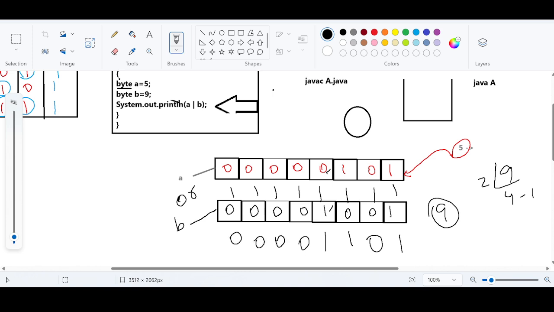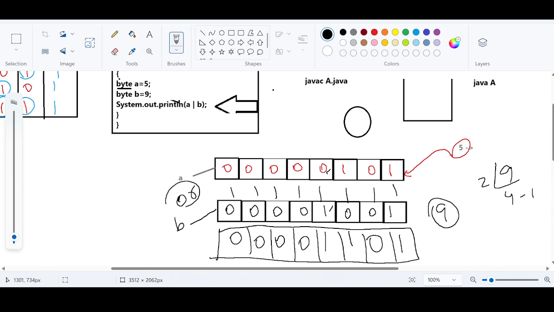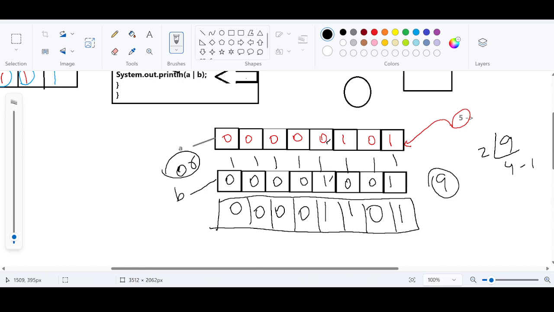You have got the equivalent binary number for a | b. After performing this, you want to display it in the console. When you want something to get displayed in the console, the binary number needs to get converted to a decimal number once again.